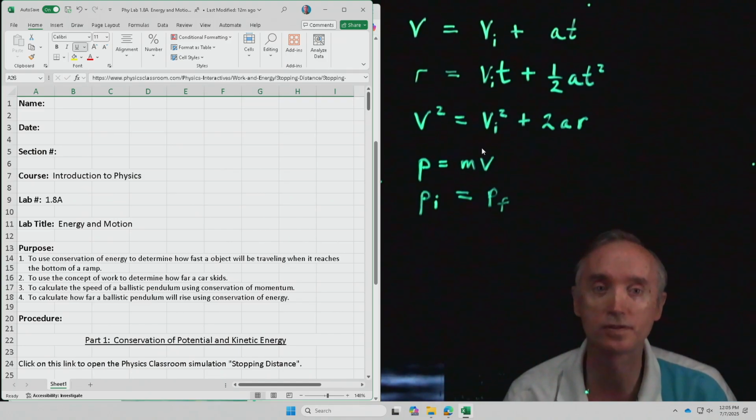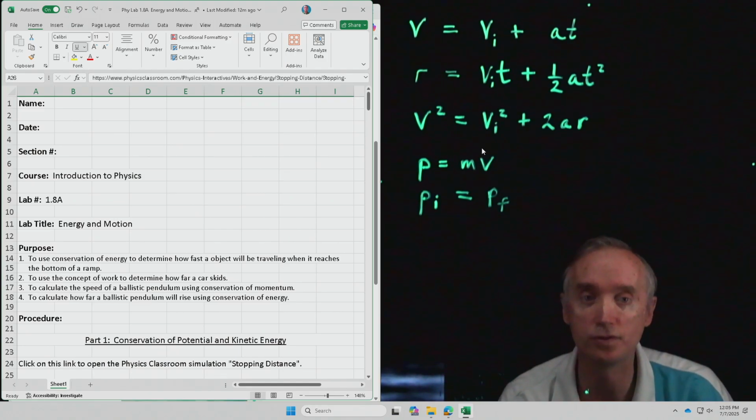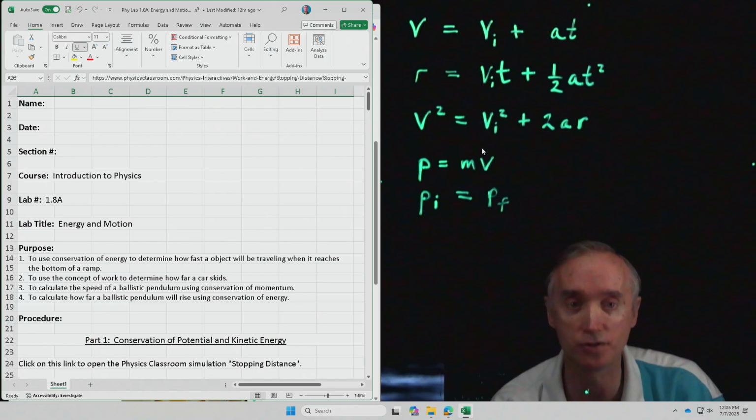So the purpose of this lab is, one, to use conservation of energy to determine how fast an object will be traveling when it reaches the bottom of a ramp. Number two, to use the concept of work to determine how far a car is going to slide. And then learning objective three, to calculate the speed of a ballistic pendulum using conservation of momentum.